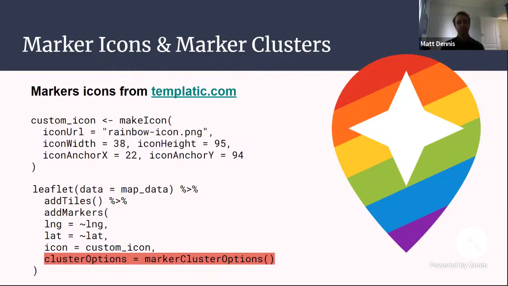And yeah, you can create a custom icon using a PNG file. And then to tell Leaflet to add that custom icon to the map, you just use the icon argument in the addMarkers function. And it's super, super easy to create marker clusters in Leaflet. All you do is you add one line of code. It's the line that you can see there highlighted in red.